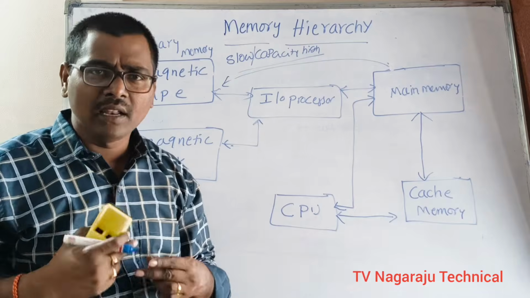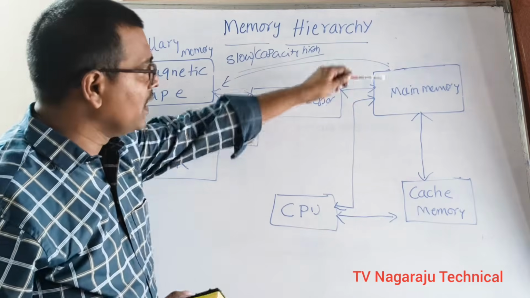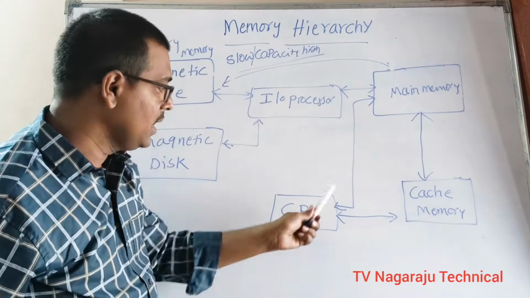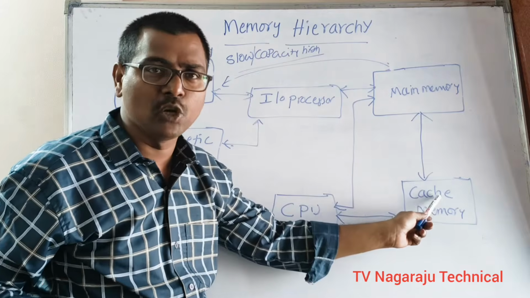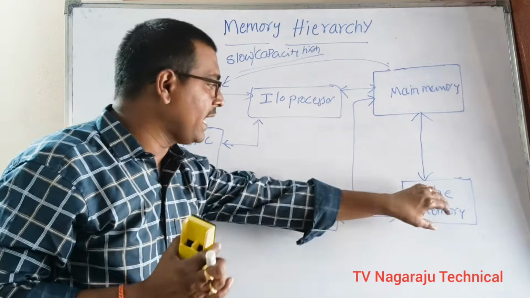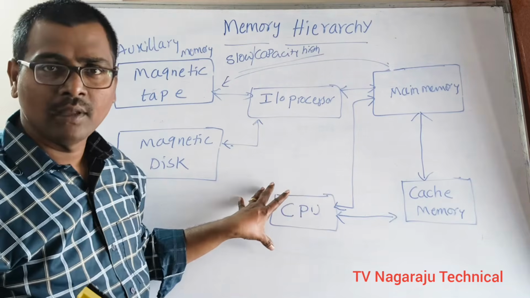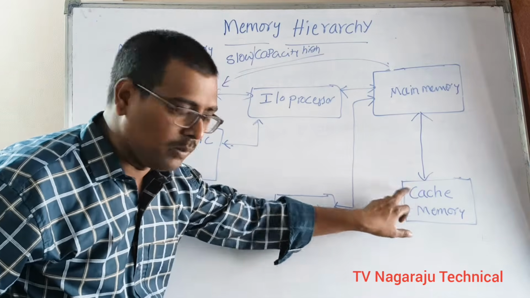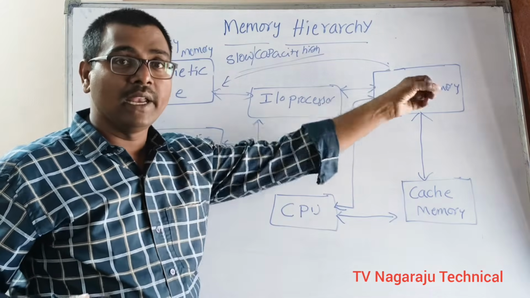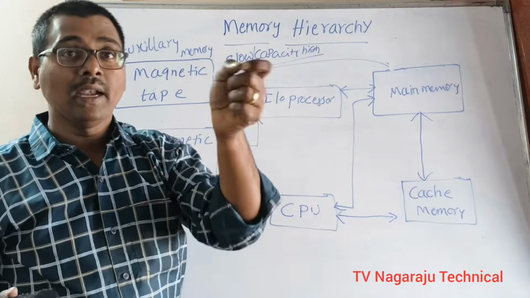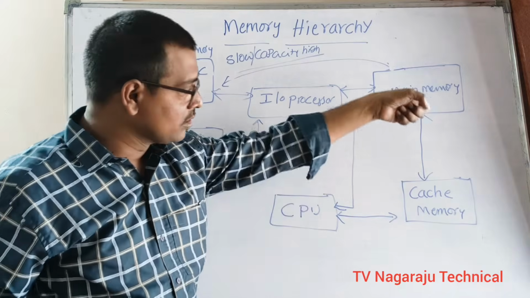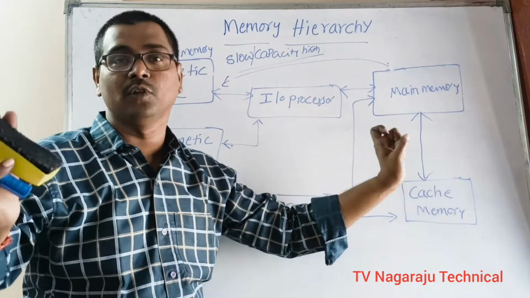Internally, instead of checking the main memory, CPU first checks the cache memory. If it is available, it directly retrieves the data. If it is not available, the CPU retrieves the data from the main memory, and at the same time the data is also placed in the cache memory for future use.